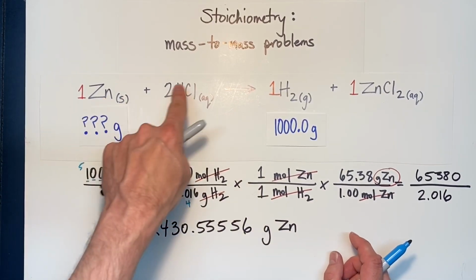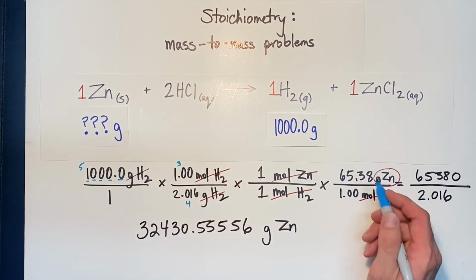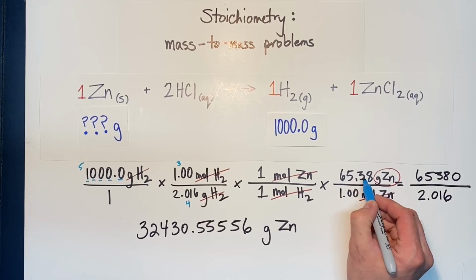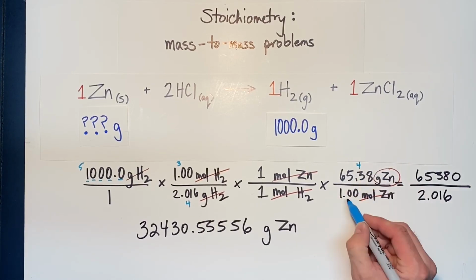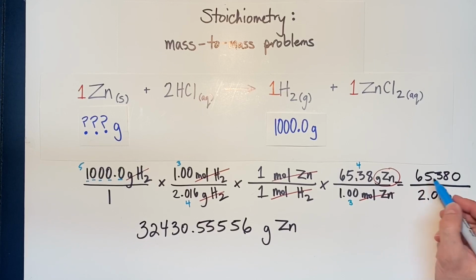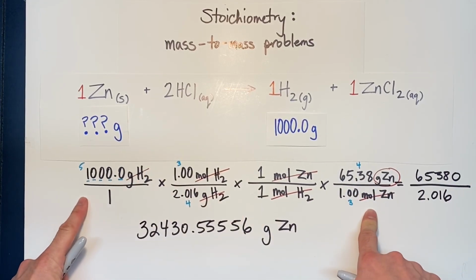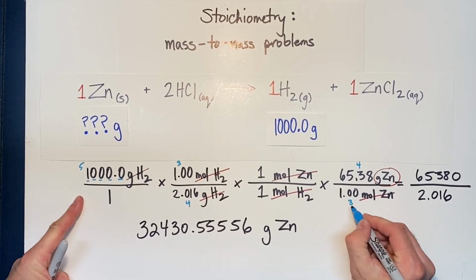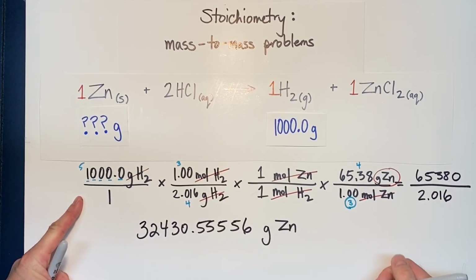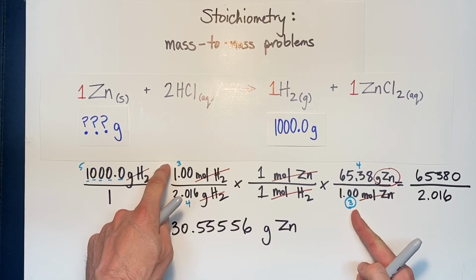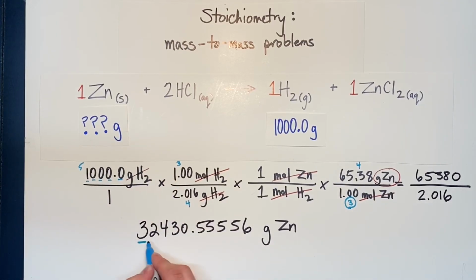The mole to mole ratio is not a measurement, so we ignore those. Here, 1, 2, 3, 4 significant figures. 1, 2, 3 significant figures. So now that we've counted up the number of significant figures in all of our measurements, we round to the fewest number of significant figures, which here would be 3. We have a tie for 3. So we're going to round our final answer to 3 significant figures.